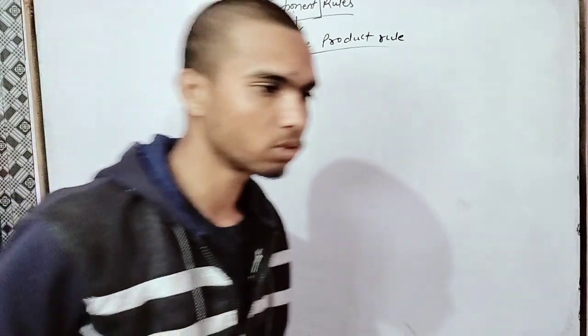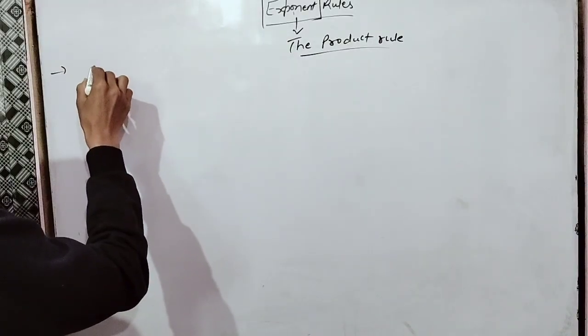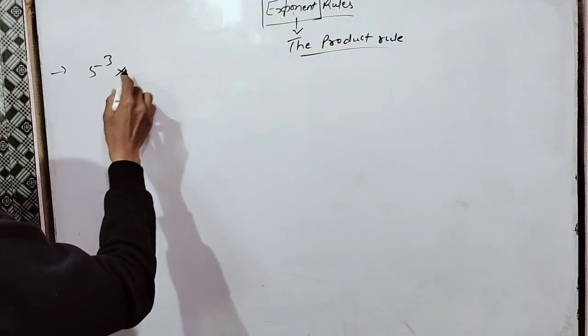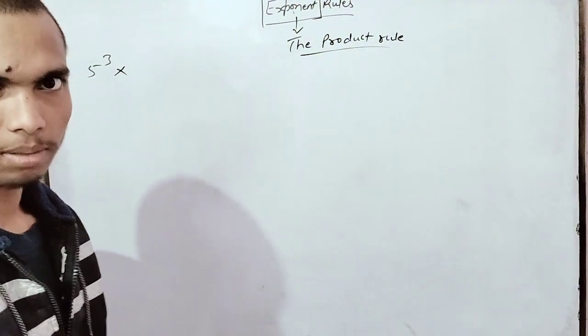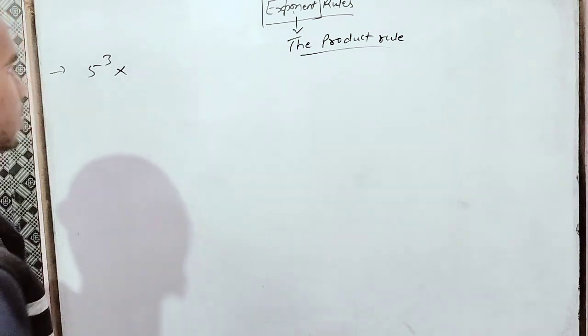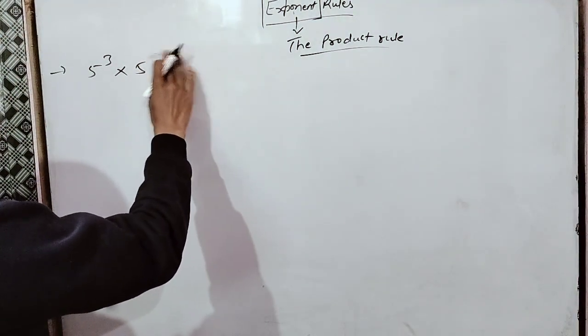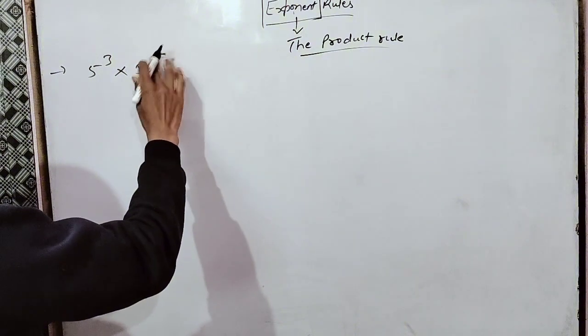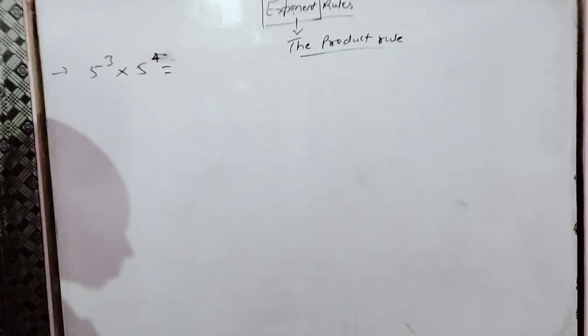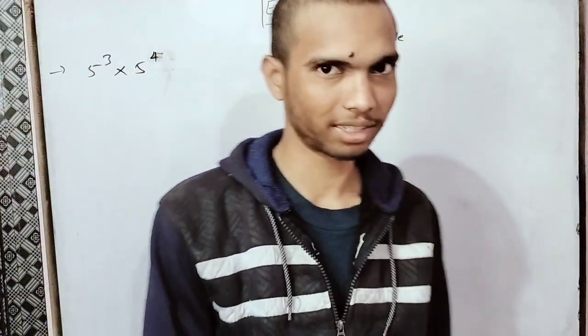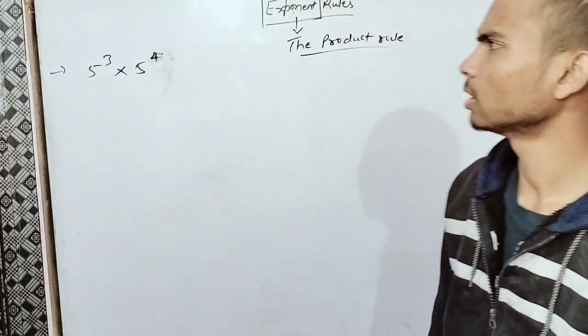So the product rule says we have a base, and the base should be the same. For example, 5 to the power 3, this multiplication is also known as product, and then 5 to the power 4. So simplify it. The question says simplify it.